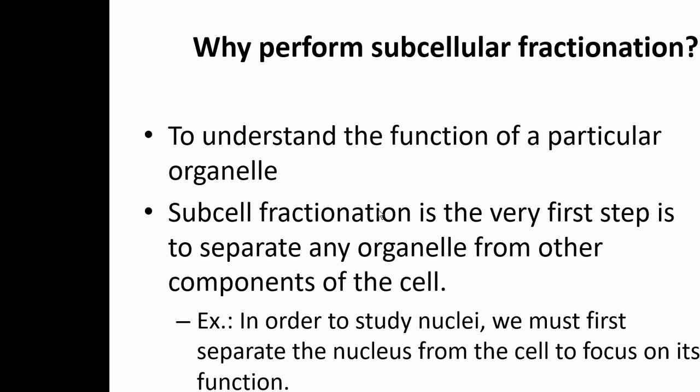The technique we are going to use is called differential centrifugation. We will use different centrifugation speeds to isolate first the nucleus and then mitochondria, because these organelles have different densities and we can settle them using different speeds.